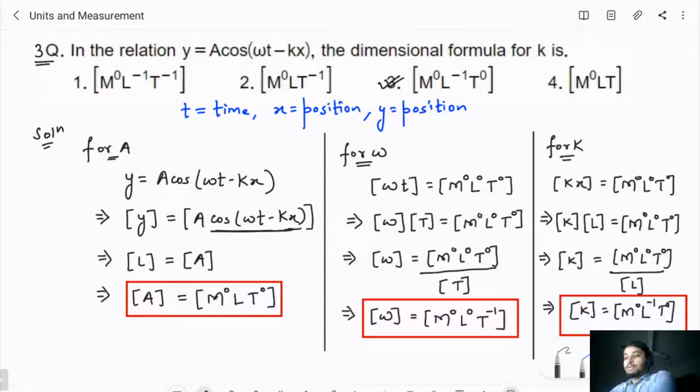Okay, so I think these three problems are sufficient to understand the concept. Now we'll go for the next application, the second application of dimensional analysis.